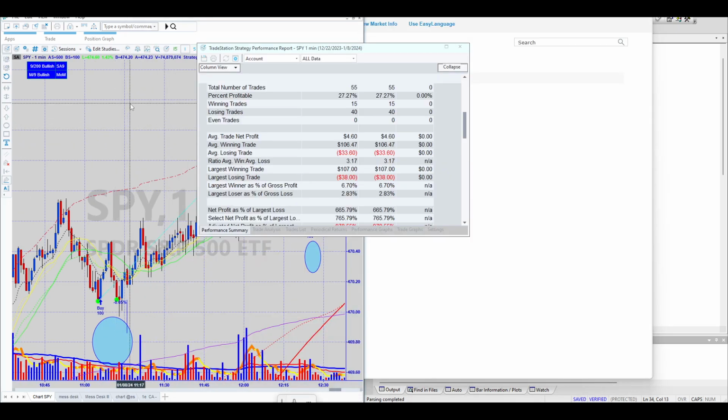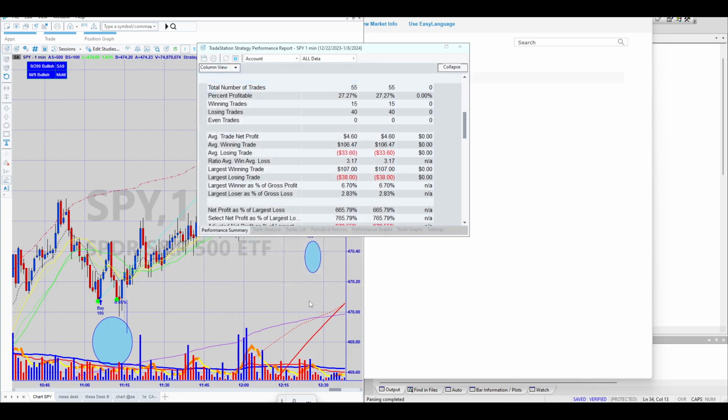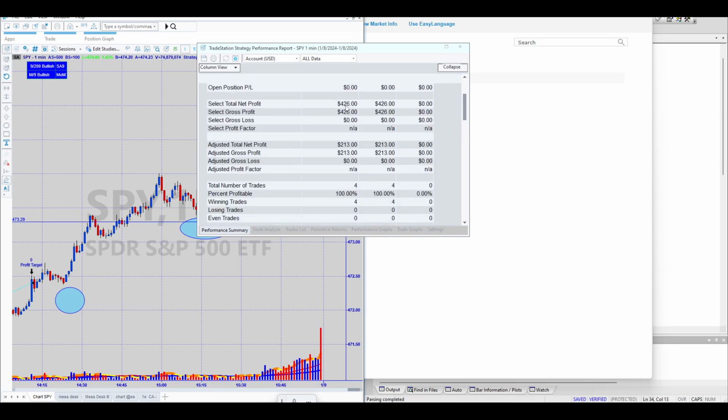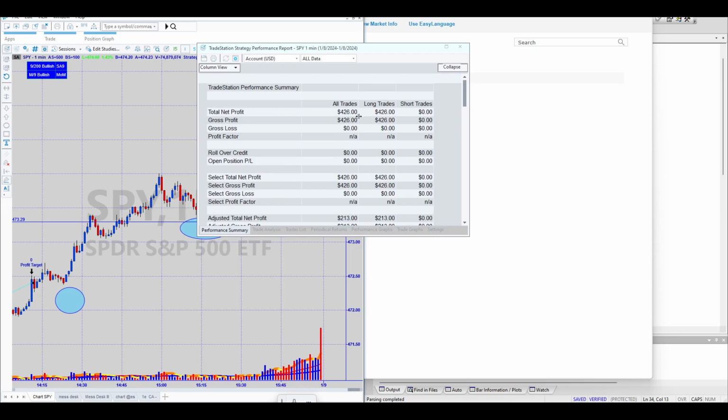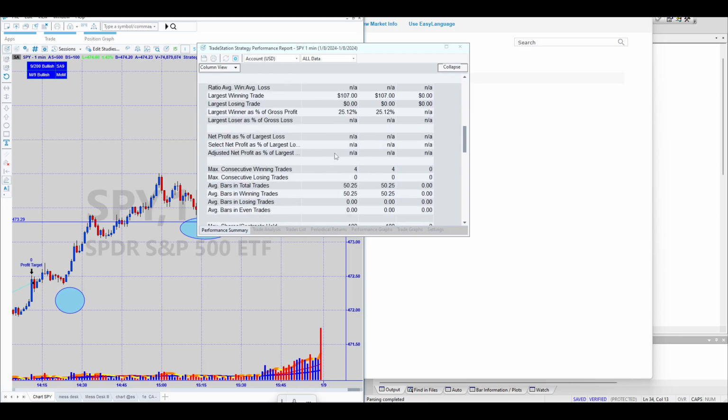So let's draw this to 1 day back. Okay, again, it's 100% profitable because all those were perfect dips, right? 213, $426, percent profitable.